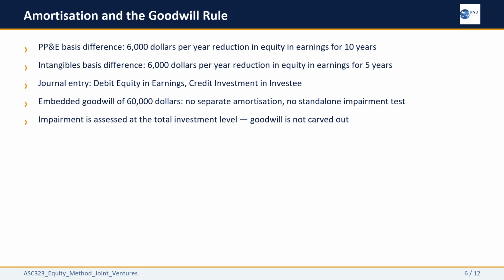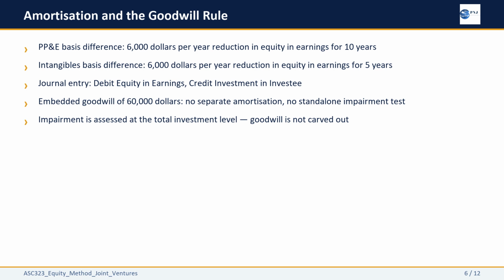The goodwill component works differently. You do not amortize it separately, and you do not run a standalone impairment test on it. If there is an impairment concern, you assess the entire investment as one unit. Keeping these two treatments distinct is one of the most frequently tested areas in equity method accounting.